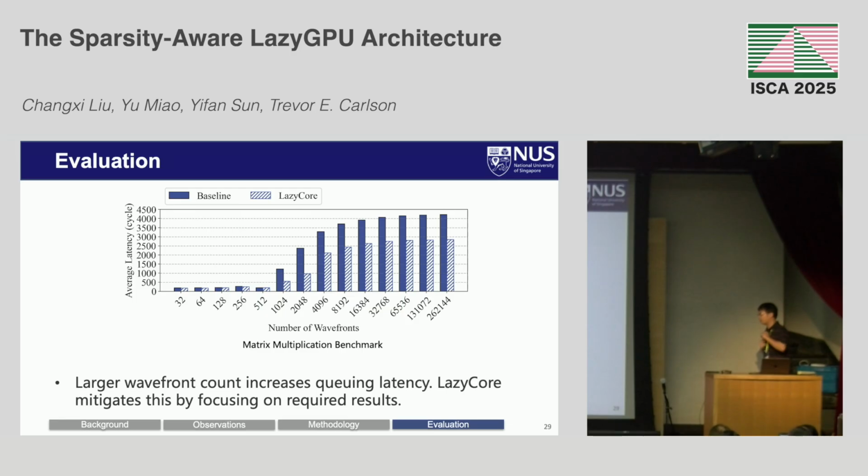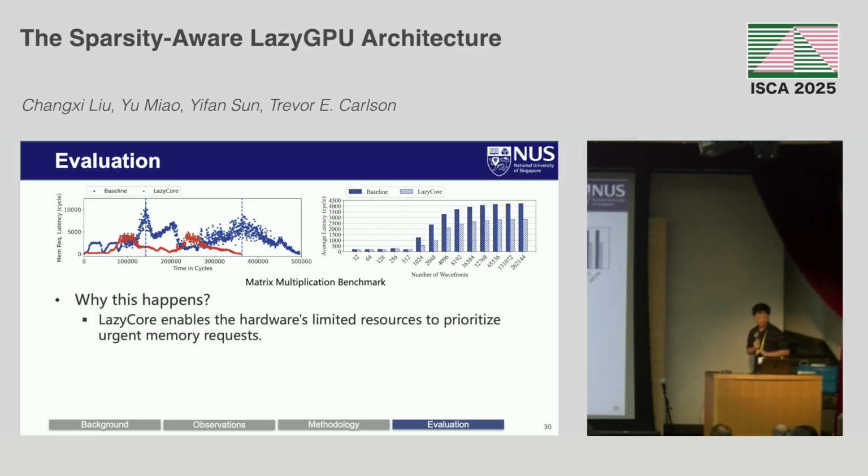Mainly, we can't reduce the latency to access one bank, it's impossible because it's hardware. But since we're reordering the memory request order, we can reduce the queuing latency of waiting for the request to be served. That's where the performance comes from, because we prioritize the urgent requests.